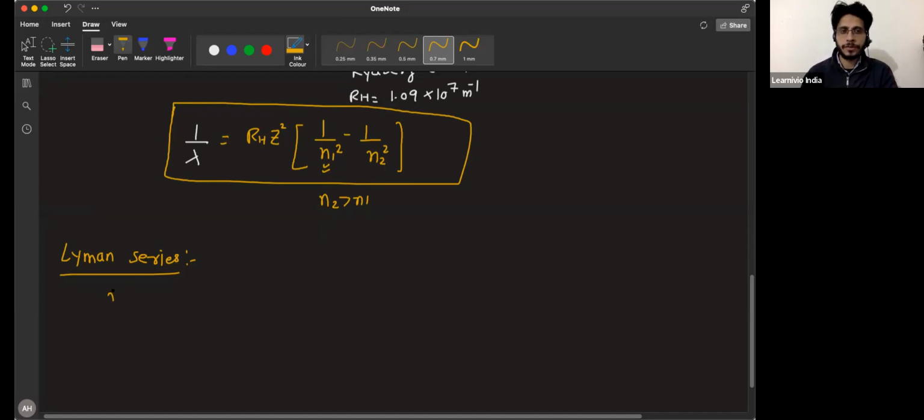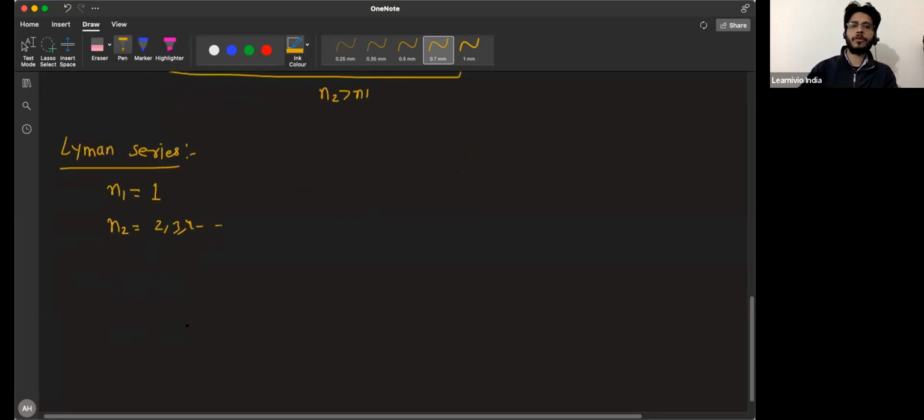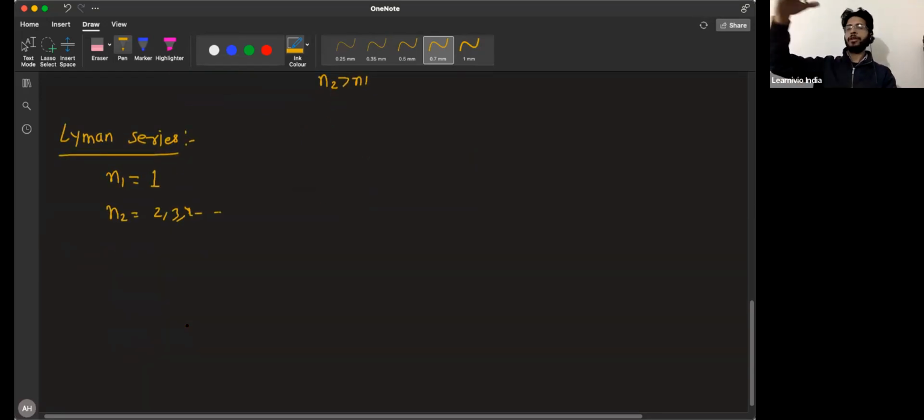So if I fix n1 equal to 1, the low energy level is 1, and the higher could be any of 2, 3, 4 or more. If electrons are moving from any higher energy state to the ground state, then the series that we get is the Lyman series.